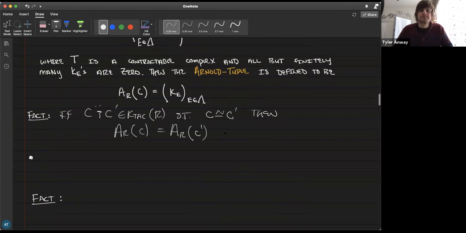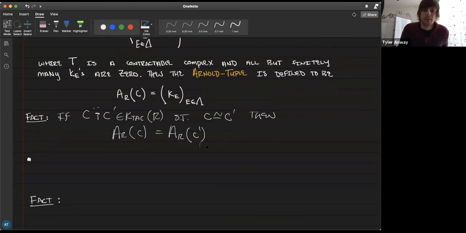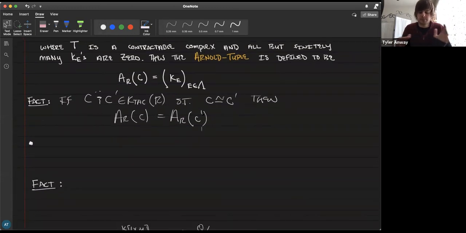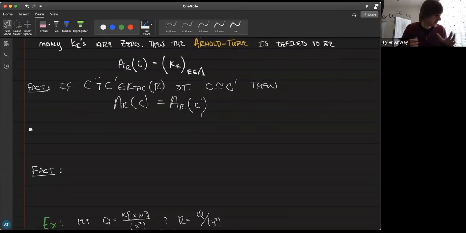And so this shows that Arnold-tuples are well defined up to homotopy, which is important because if two things are isomorphic in this category, hopefully they should be in the same class.